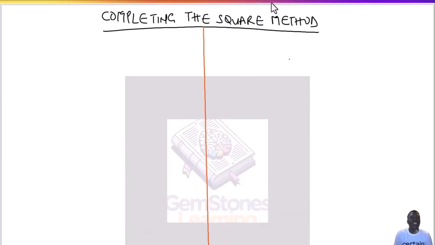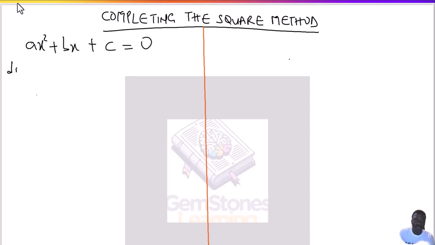Now moving into completing the square method. Completing the square method is very unique. So how do you go about it? Starting with the general equation of a quadratic equation of the general form, which is ax squared plus bx plus c is equal to 0. Do first, divide all through by the coefficient of x squared.